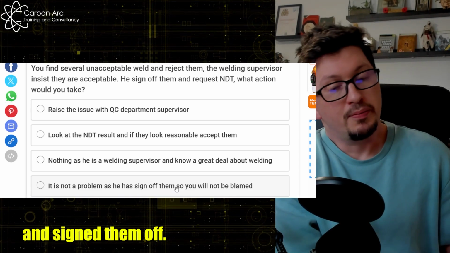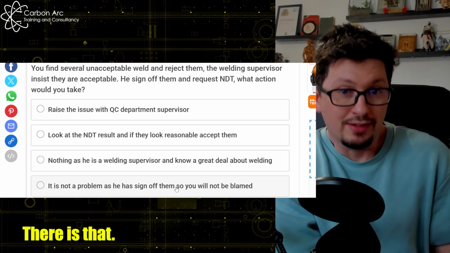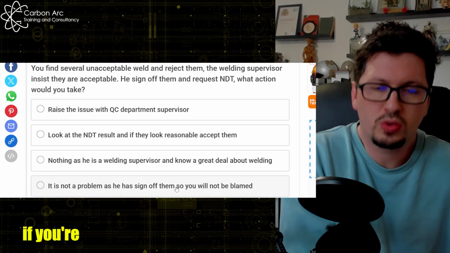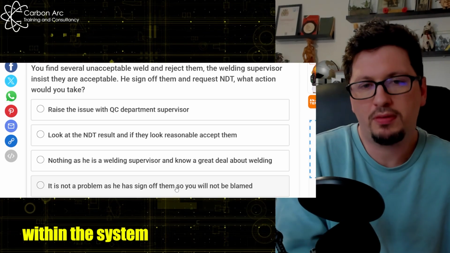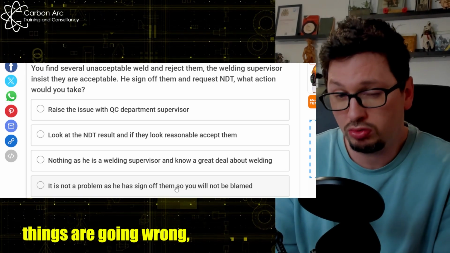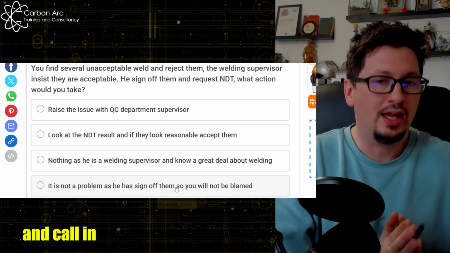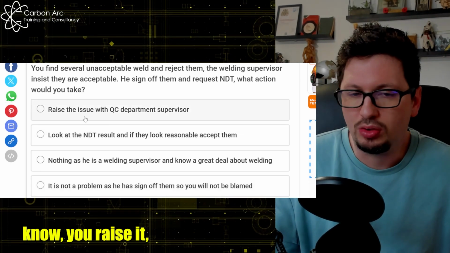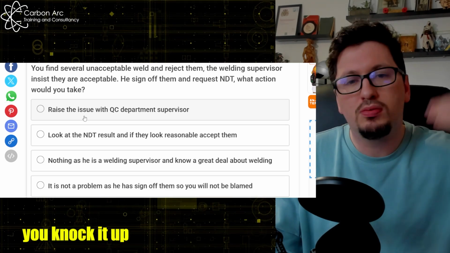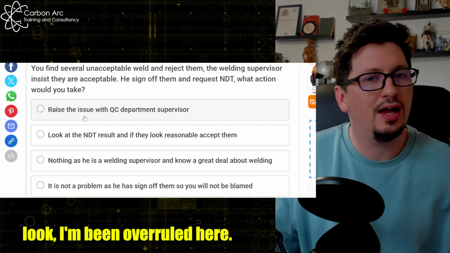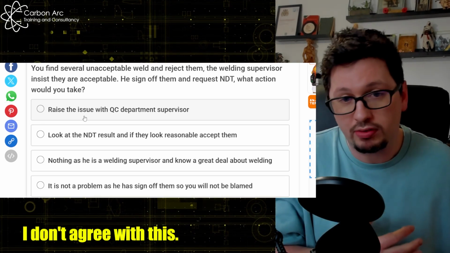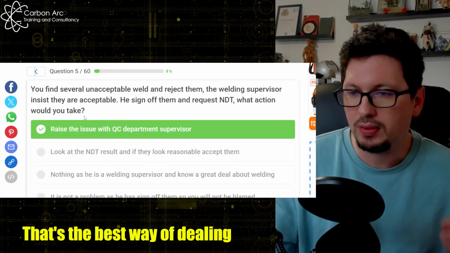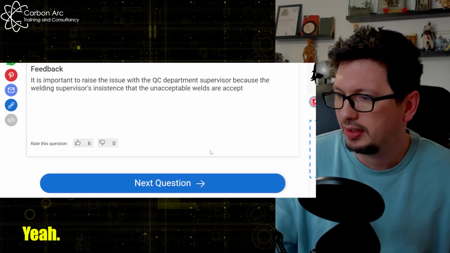Yeah, if he's gone and signed it off and you haven't put your name to it, there is that. You're not to blame. However, you're a quality inspector within the system, and when you know things are going wrong, you should be actioning it, calling foul, really. So I would say, you raise it. You knock it up to your management and say, I'm being overruled here. I don't agree with this. What do you want us to do? That's the better way of dealing with it. Yeah.